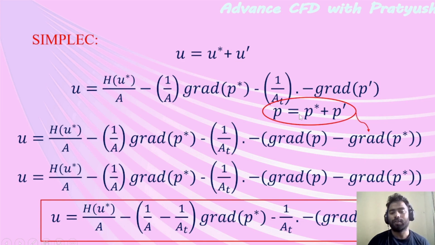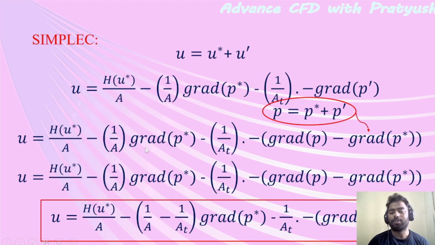Further, we have to find the pressure corrector step. The pressure corrector can be found using this equation, that is P minus P star equal to P dash. So P dash equal to P minus P star, which we use here. So this will be grad P minus grad P star, 1 upon AT.